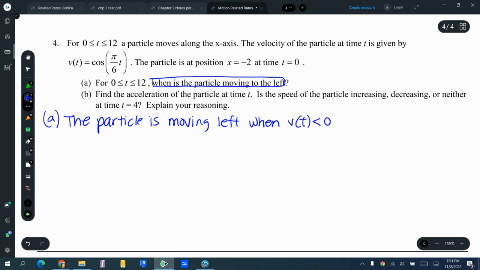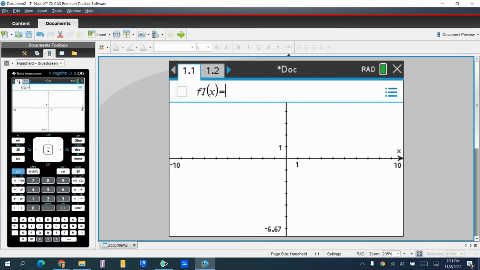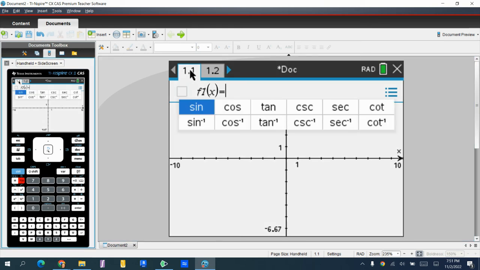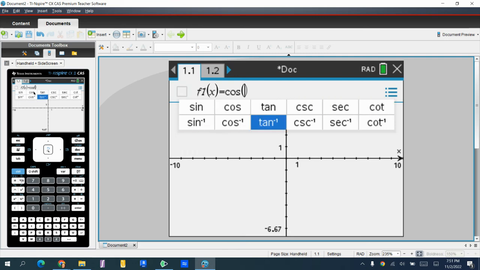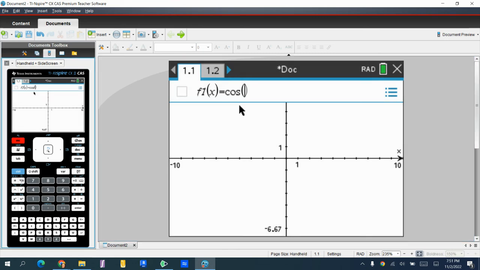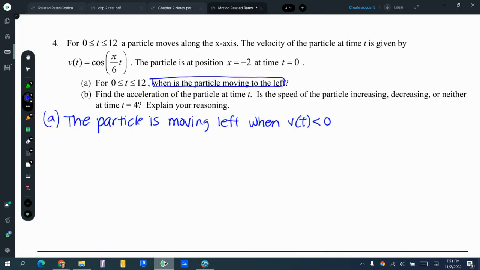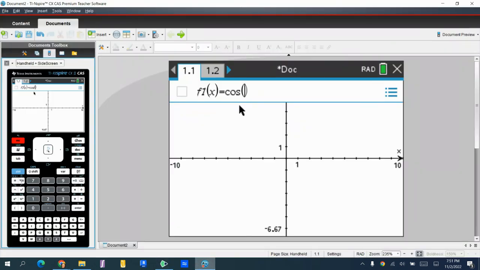Okay. We have our calculator, so let's go ahead and graph this thing. Cosine of pi over 6 times t. Please, again, make sure you're in radian mode.